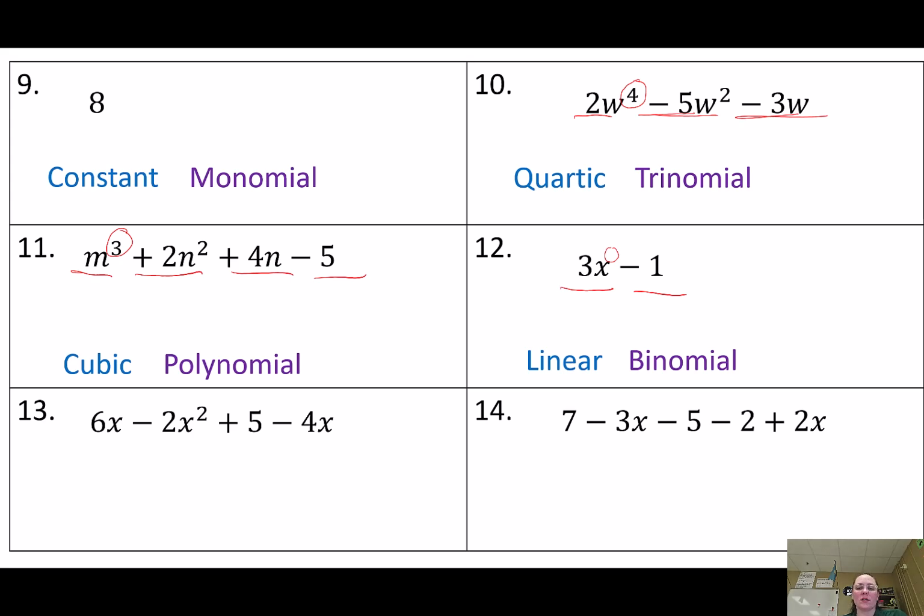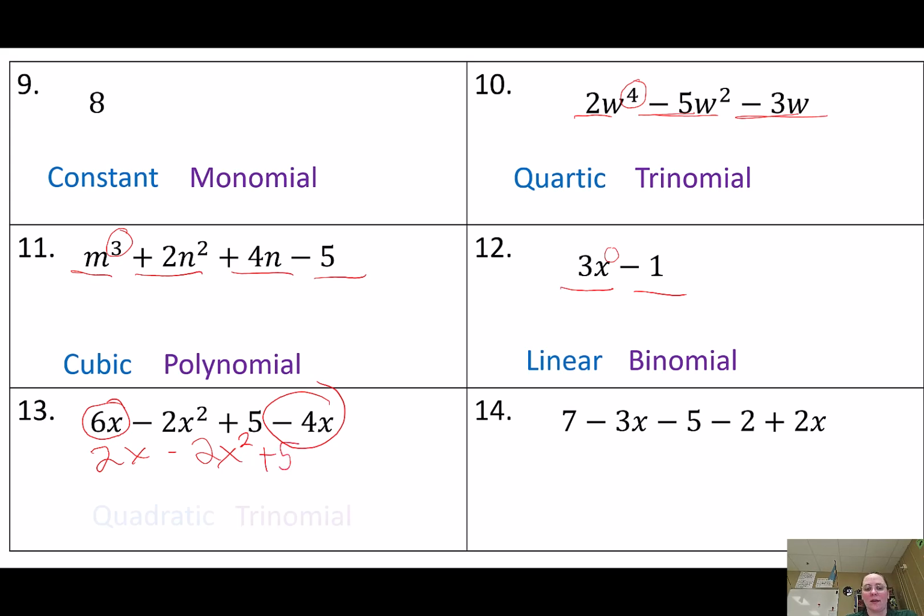Now, if we look at 13 and 14, they're not as simplified as we can get, right? So I'm going to combine my like terms here. 6x minus 4x are my like terms in 13. So that gives me 2x minus 2x squared plus 5.